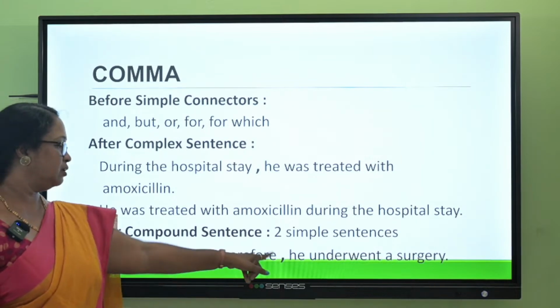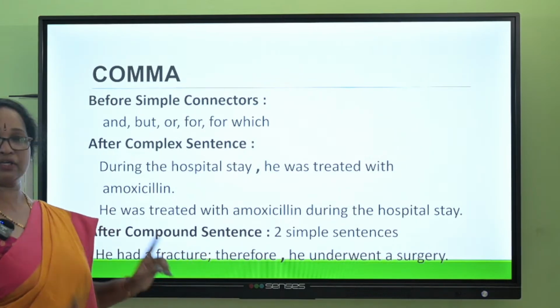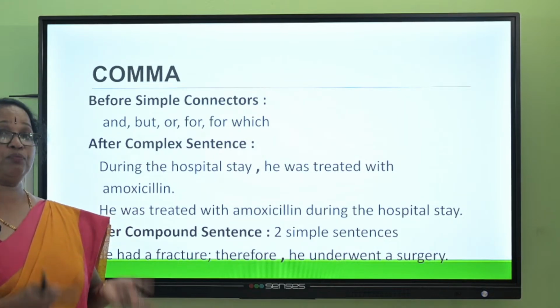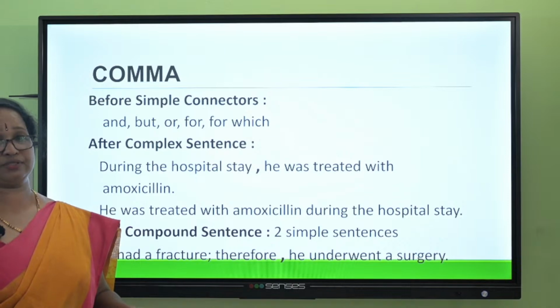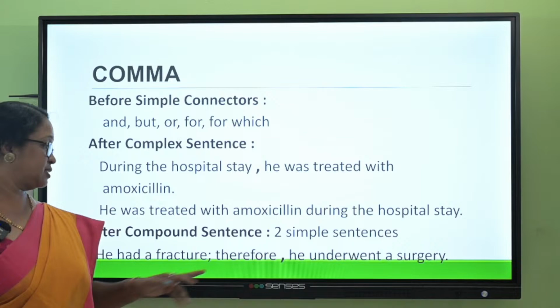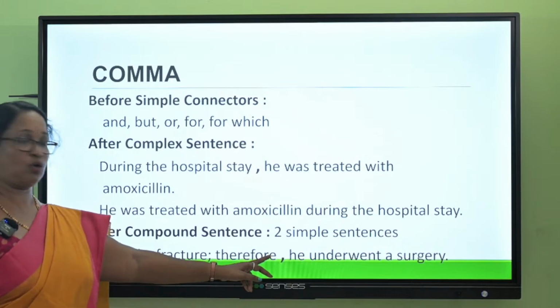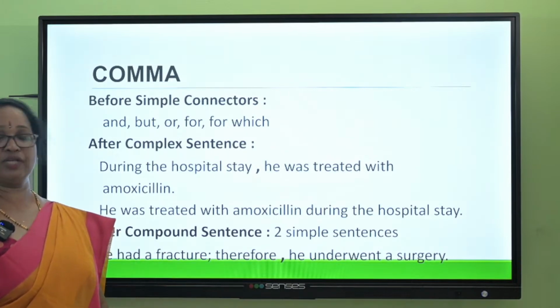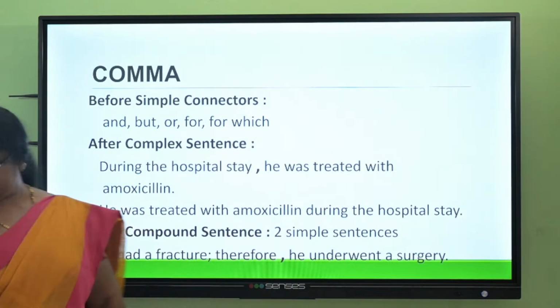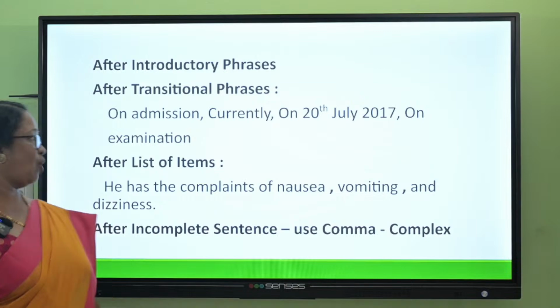So that's why if you are connecting two simple sentences, then you can put a semicolon. If I don't put a semicolon also, no problem for us. Okay, don't think that you will lose your marks, but you must keep a comma after the connector. That is important. He underwent a surgery. I think this is some of the doubt everyone has.